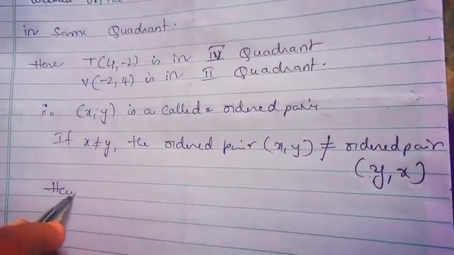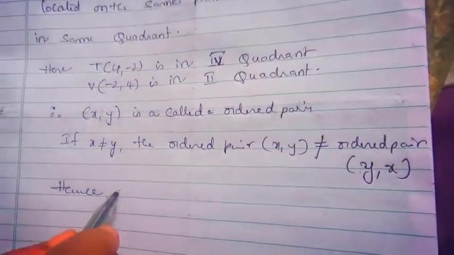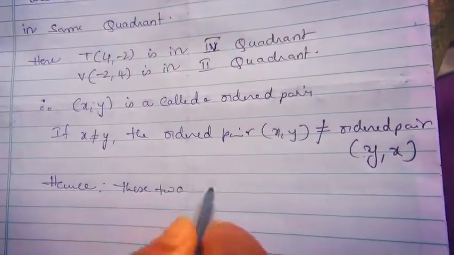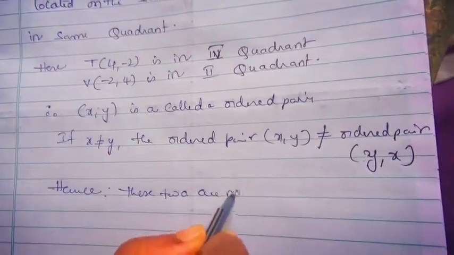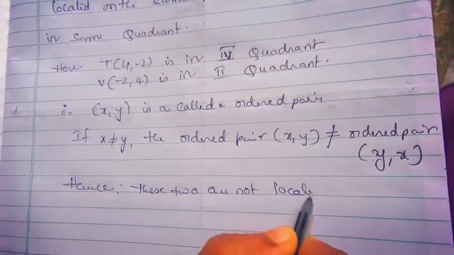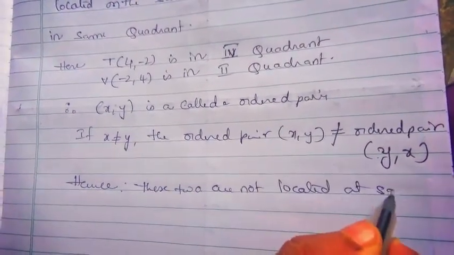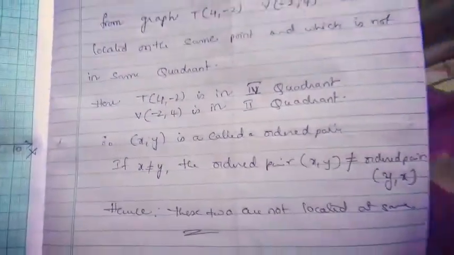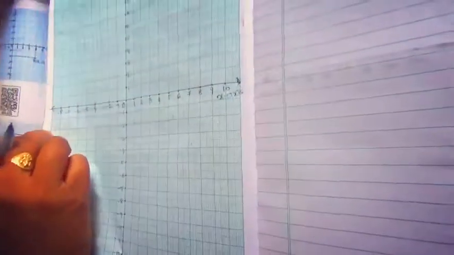Hence these two are not located at the same point. Okay, so these two are not equal. So here we finished this example 8.